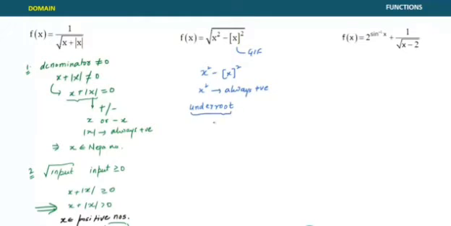We understand about under root that the input should be greater than or equal to 0. Now this time around it could be equal to 0 also, because it does not have any denominator, right? So that means you want to check when x square is greater than or equal to the square of its GIF component. Also remember that this square is not inside, it is outside the GIF, very important.